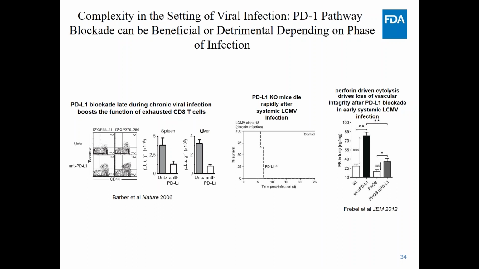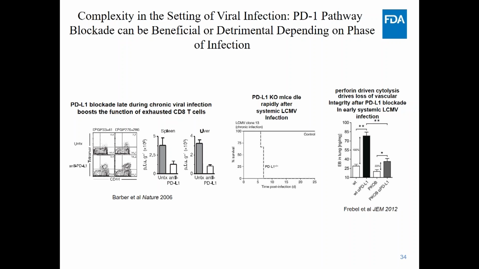PD-1 blockade can be beneficial in the chronic setting, whereby you can see a dramatic drop of viral load following PD-1 blockade in animals with LCMV infection in the chronic state. But if you give PD-L1 knockout mice LCMV infection, these animals die very rapidly.